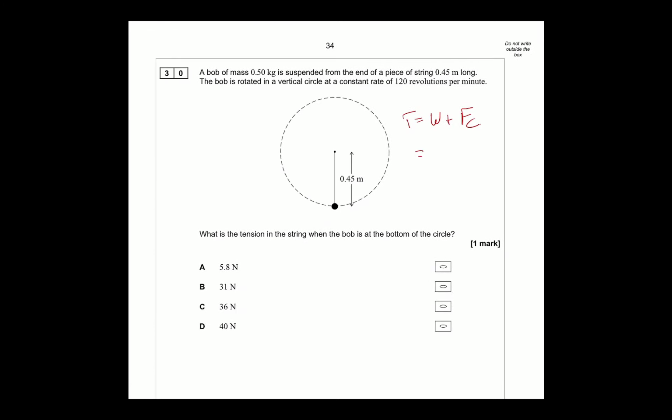It's going to have the most tension, so they are definitely going to be added. So this is 0.5 times 9.8, plus the centripetal force, which is, I can never remember these, M omega squared R.